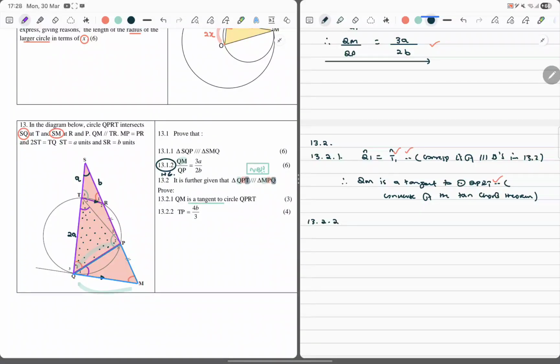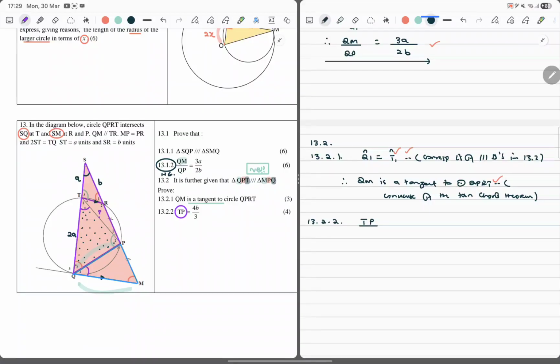So 13.2.2 says we need to prove that TP is equal to 4B over 3. So where is TP? TP is this side. Okay. So it's the side of the two similar triangles. No problem. So let's get to business. We know that if we start there and say TP over.